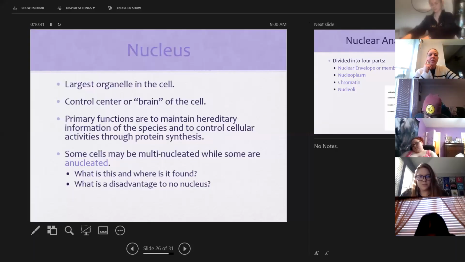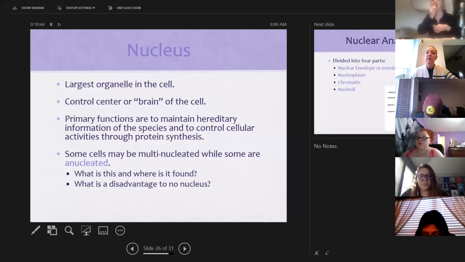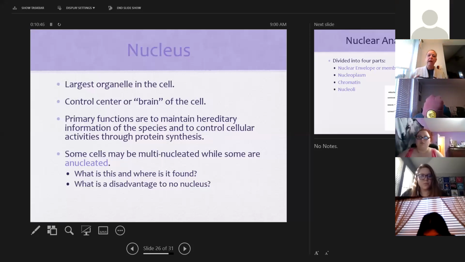So then we've got the nucleus. And we talked about this yesterday. Oftentimes we talk about this being the brain of the cell. I guess that's the easiest descriptive. It doesn't function as our brain. Obviously, our cells don't have self-consciousness. They don't have a nervous system.